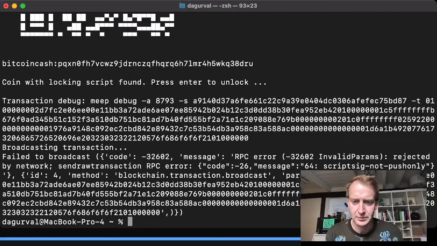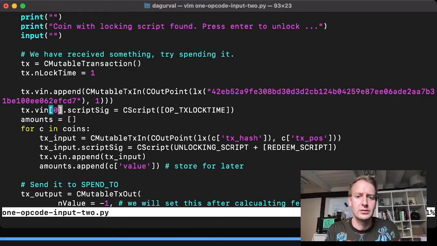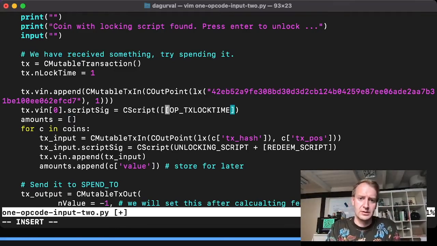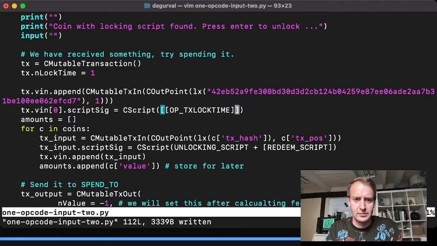Script SEEK not push only. Oh. Well, that is true. Why is that true? Maybe, oh, I need to maybe like this.